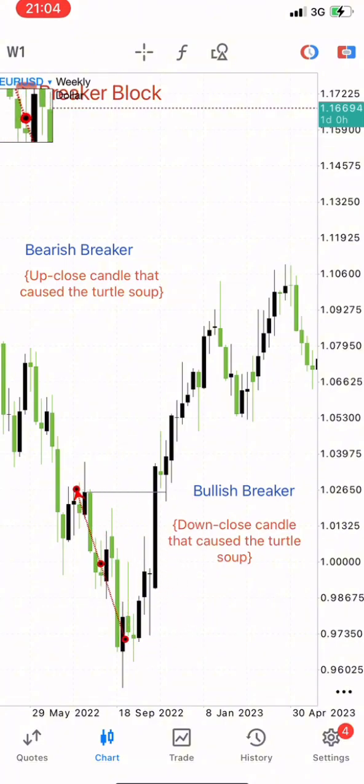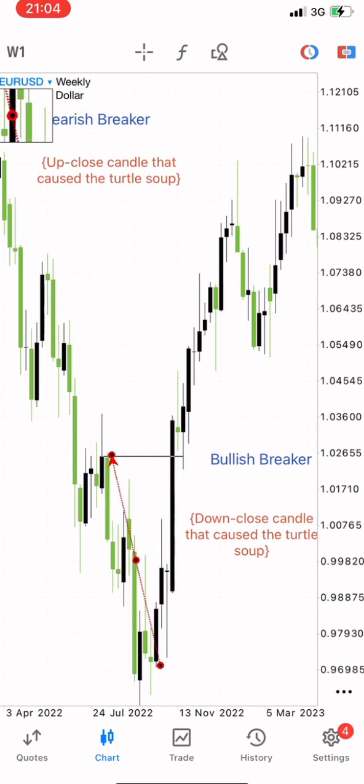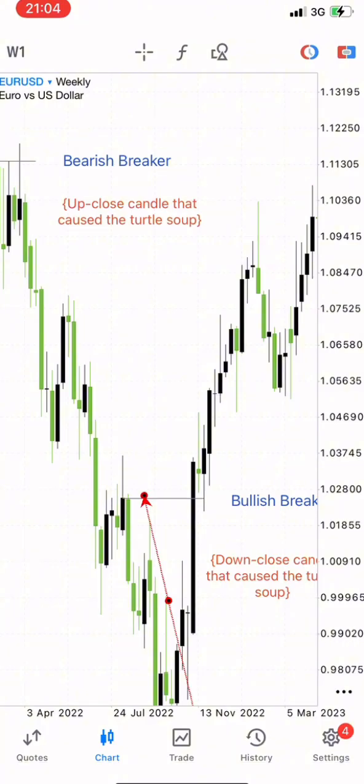It's the down close candle that caused the bearish turtle soup. This one specific candle, preferably a thick, clear, visible candle before the rally. Again, we take the whole candle, and the sensitive point is always going to be the closing price of the breaker.